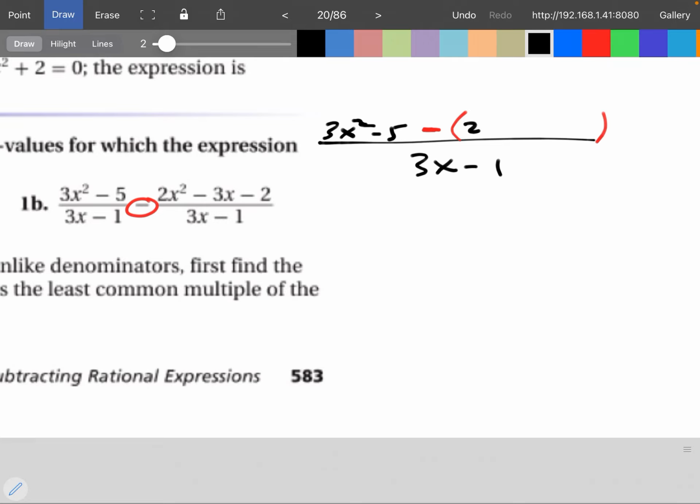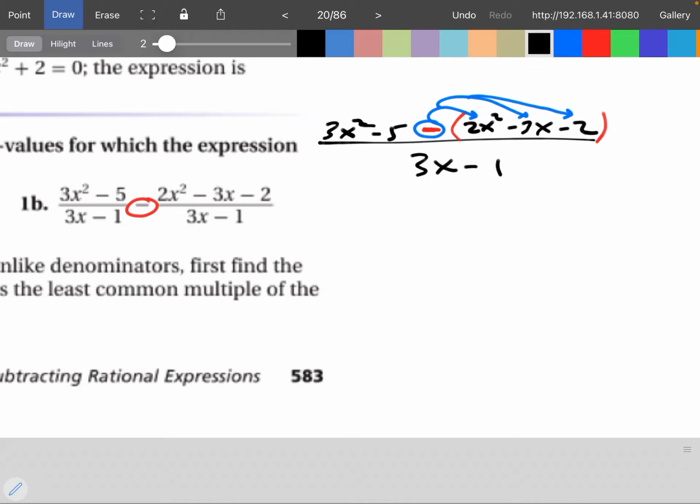So inside the parentheses here, I'm going to put 2x squared minus 3x minus 2. So what am I going to have to do with that minus or that subtraction? Yeah, I have to distribute it. Good. It's actually kind of like it's a -1 that I'm going to distribute into those parentheses on the right. So that negative right there has to get distributed onto this term and onto that term and onto that term.